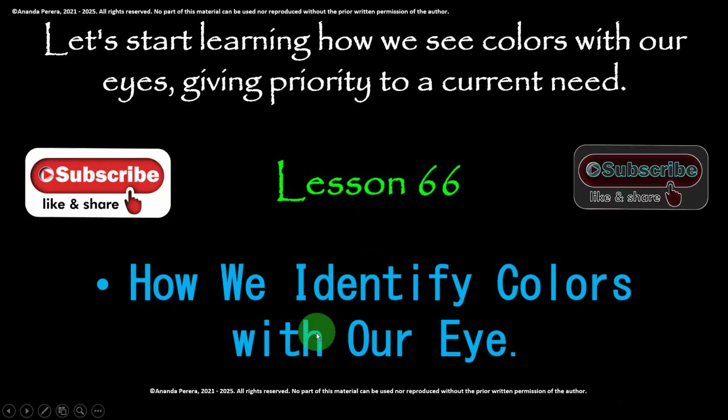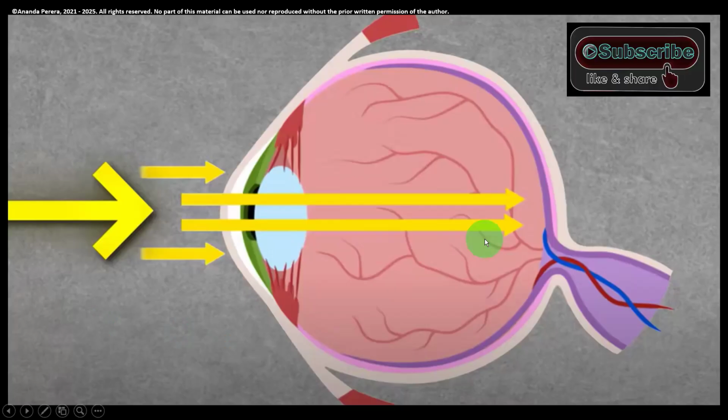How do we identify colors with our eye? This is our eye. This is the lens inside our eye, and the light waves, the yellow color, is the light which comes through the stone. It will go through the lens, and the lens will focus to this place. This is the place. Then the image comes to this area. Then the message goes to your brain.